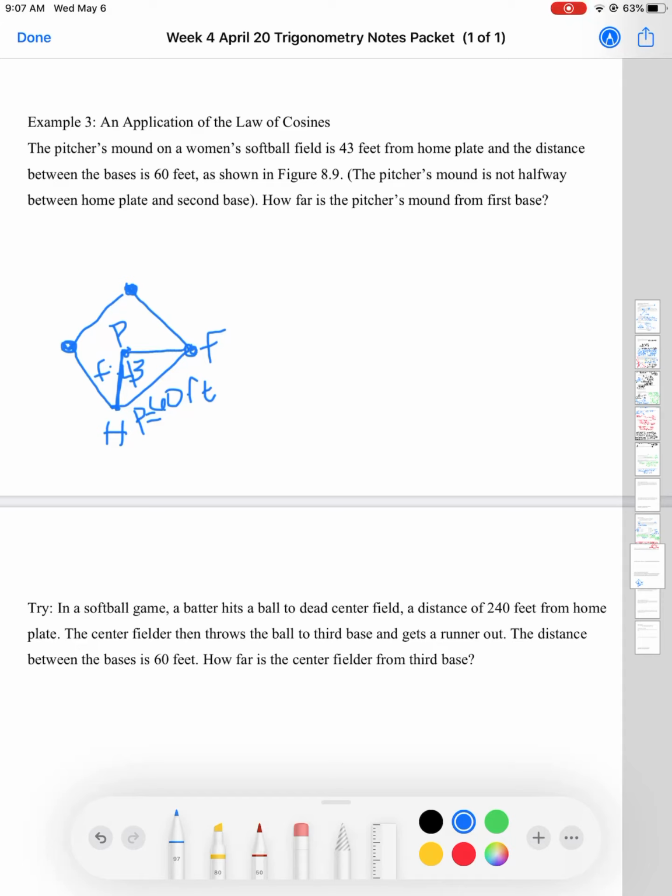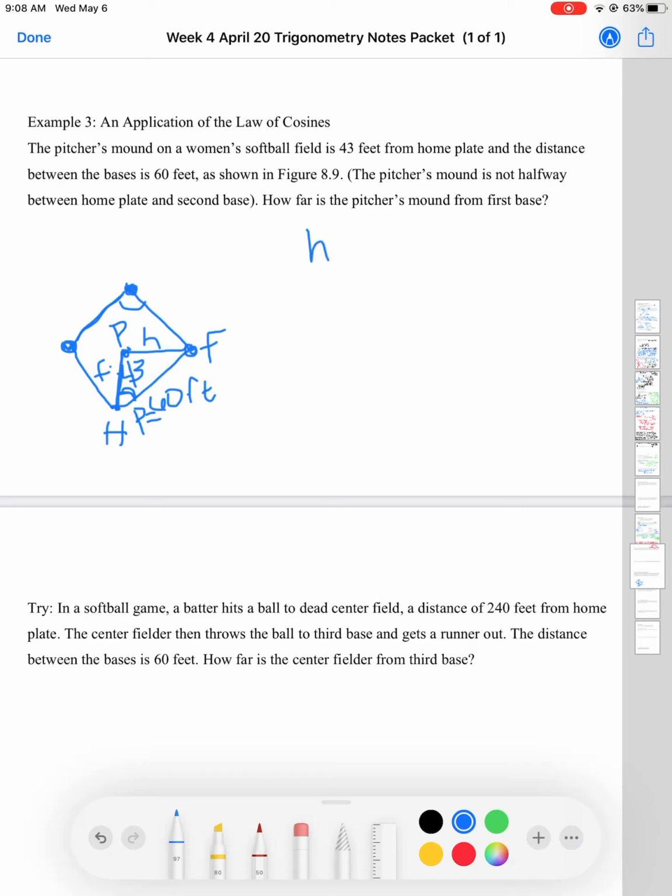What we need is the distance between p and f, which would be side little h. Since this is a square, we know that all of these angles are 90 degrees. So this angle right here at h is 45 degrees.